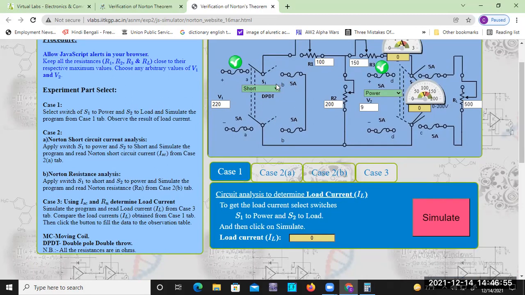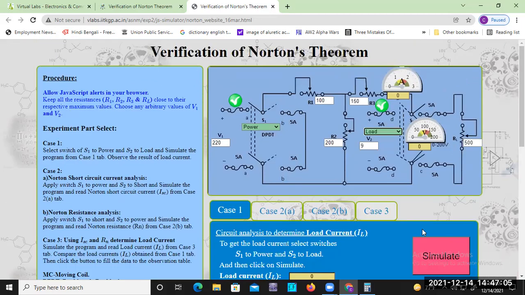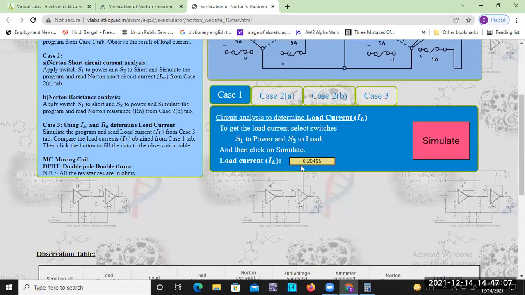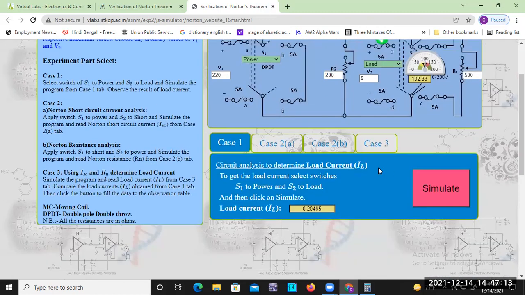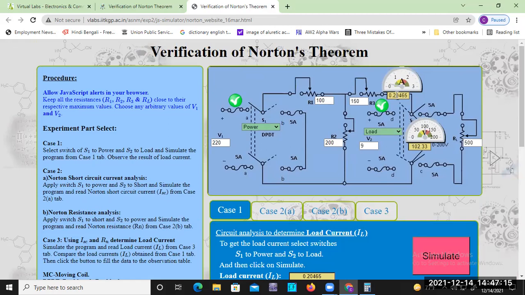First case, we go for the first case, so it should be power, and the load means this 500 ohm is connected over here. Just simulate. Yes, this is coming 0.206465. Just remember, the last time you have to get this current.